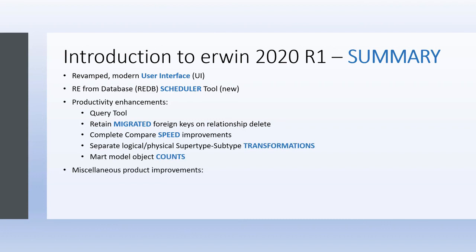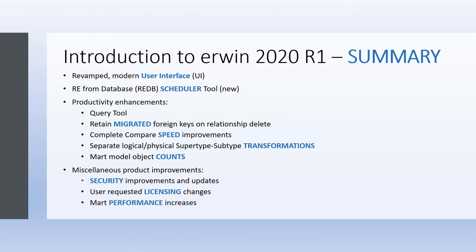Some of the miscellaneous product improvements are security improvements and updates, user-requested licensing changes, MART performance increases, and upgraded database currency.